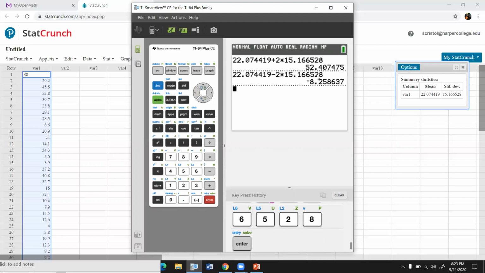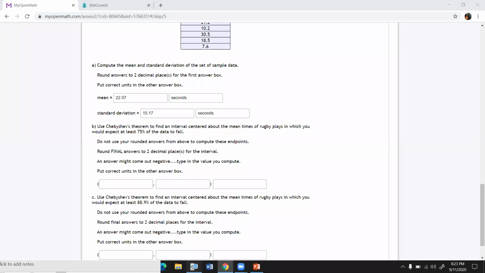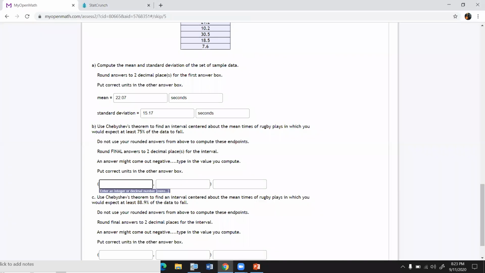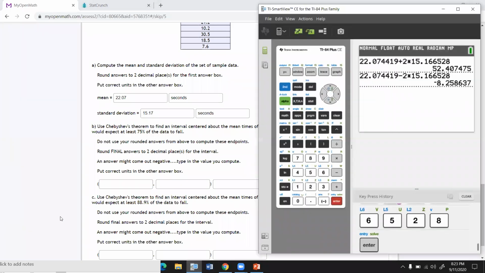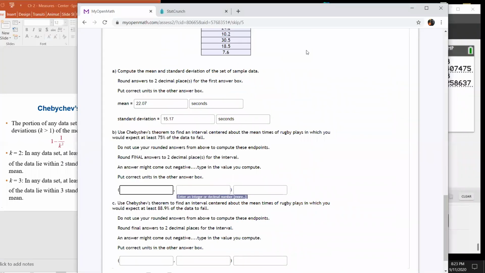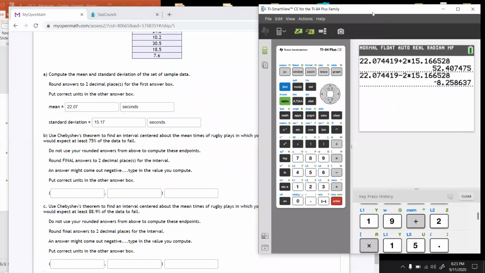So what I will do, I'll go back to MyOpenMath. I want to double check my numbers. Okay, looks like that's correct. I don't want to make mistakes, so let's see. Here is what I have. The lower limit is, because I need to see the answers, I need to make some adjustments right here.